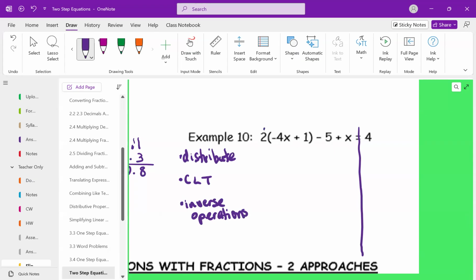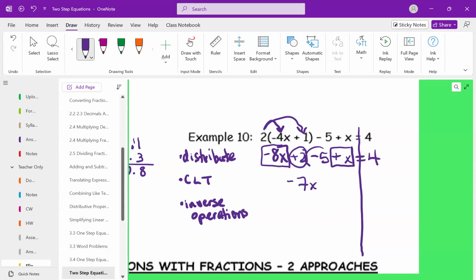So first, distribute. 2 times -4x is -8x. 2 times 1 is 2. Then everything else just comes down. Next step, combine like terms. -8x, positive 1x, different signs, subtract, keep the sign of the higher number. And then our constants, positive 2 and -5 is -3 equals 4.